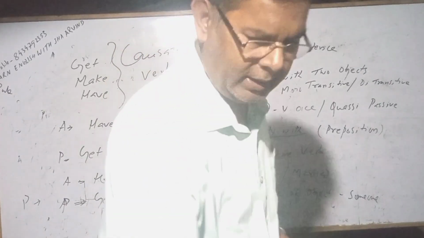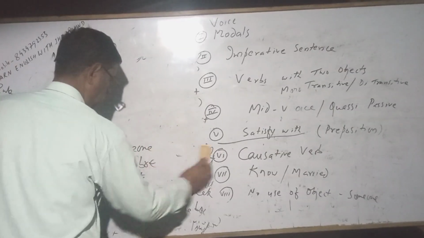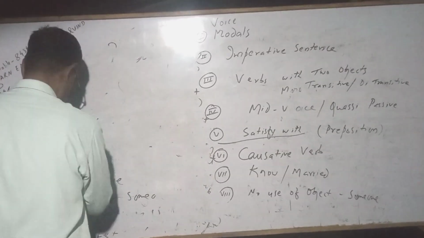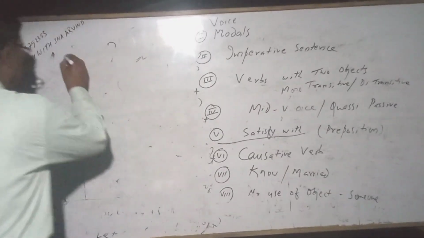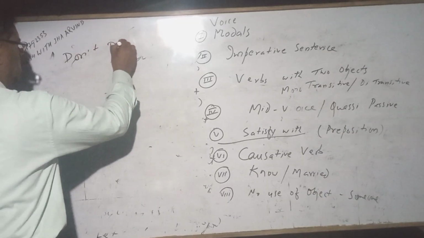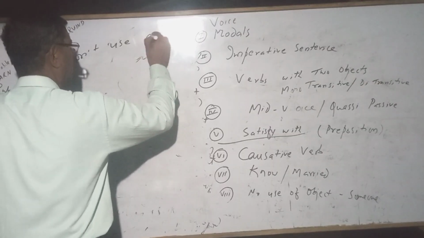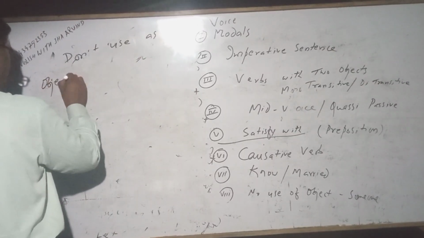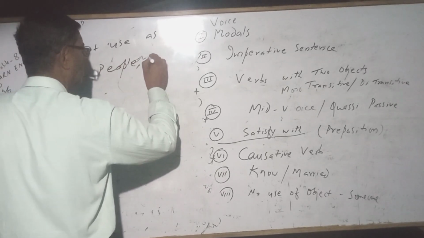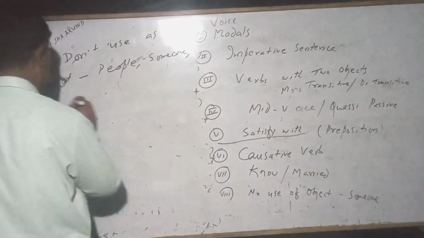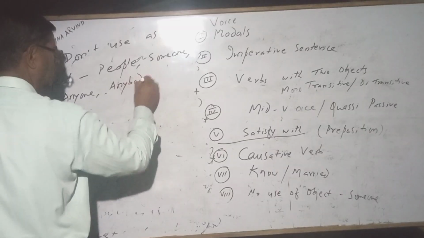So I'm writing it here. Don't use as object: people, someone, anyone, anybody.